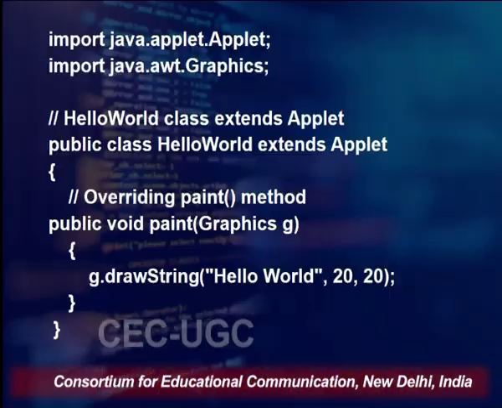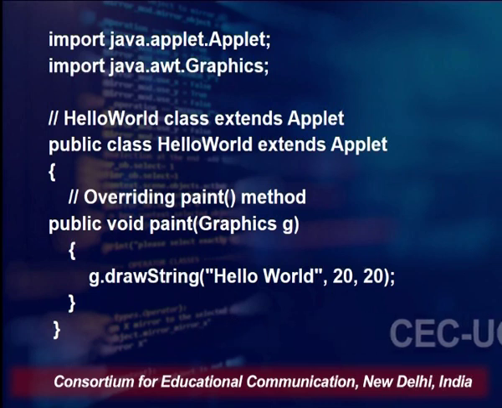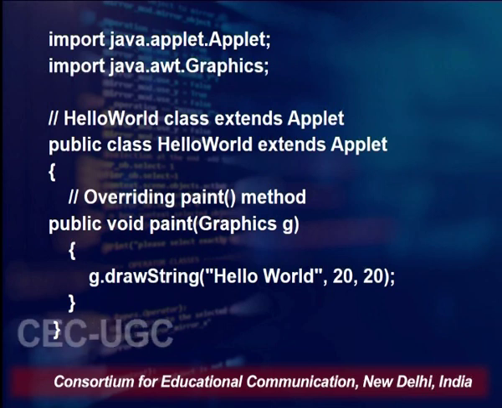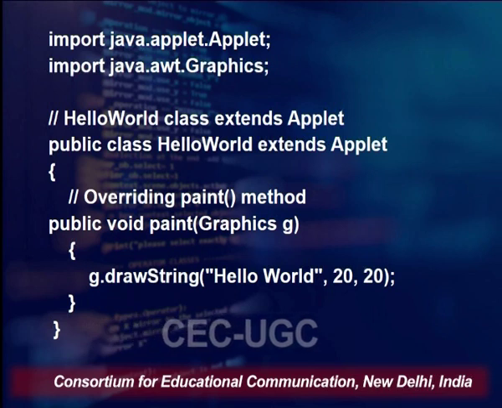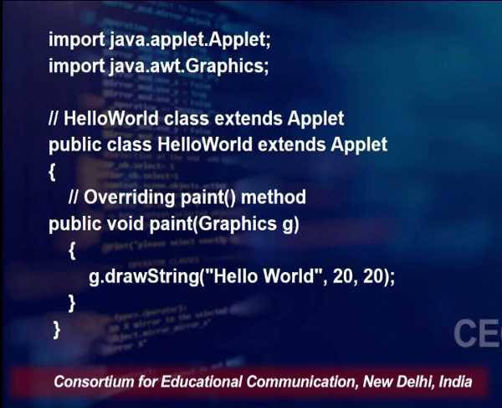In today's lecture, we will look into the first program, which is going to be executed with the help of an applet. The program is displayed on the screen, and it says import java.applet.Applet. I told you in the previous lecture that all applets are subclasses of java.applet.Applet, so we need to import this.